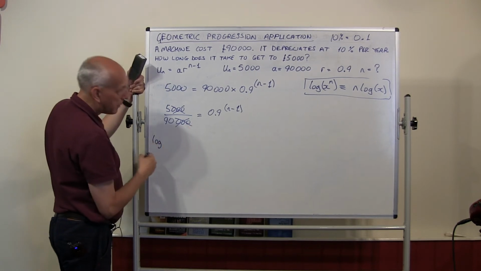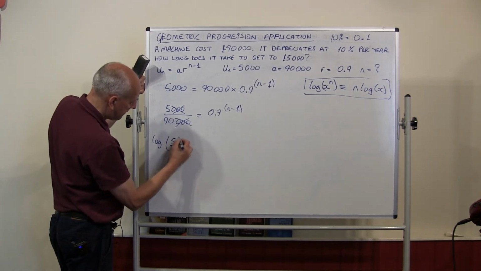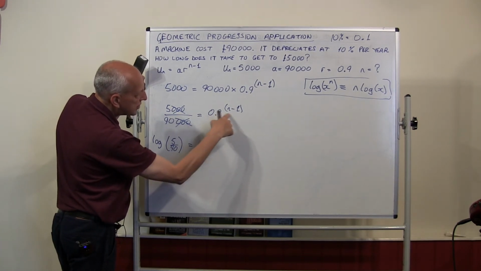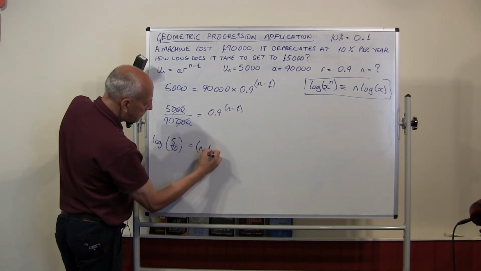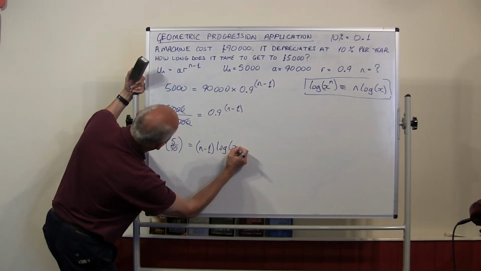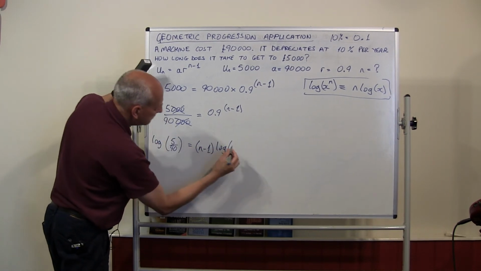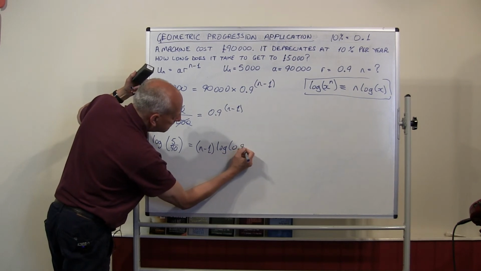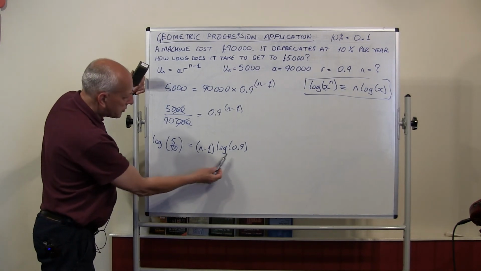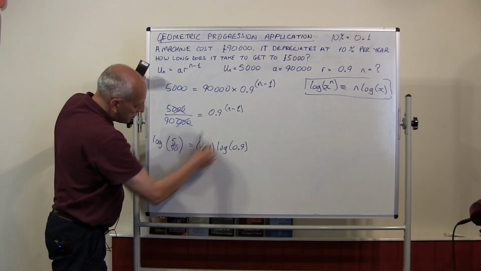It'll be base 10 in my calculation, but it doesn't matter. With the log law, this power comes out to the front, because it was a power inside there.